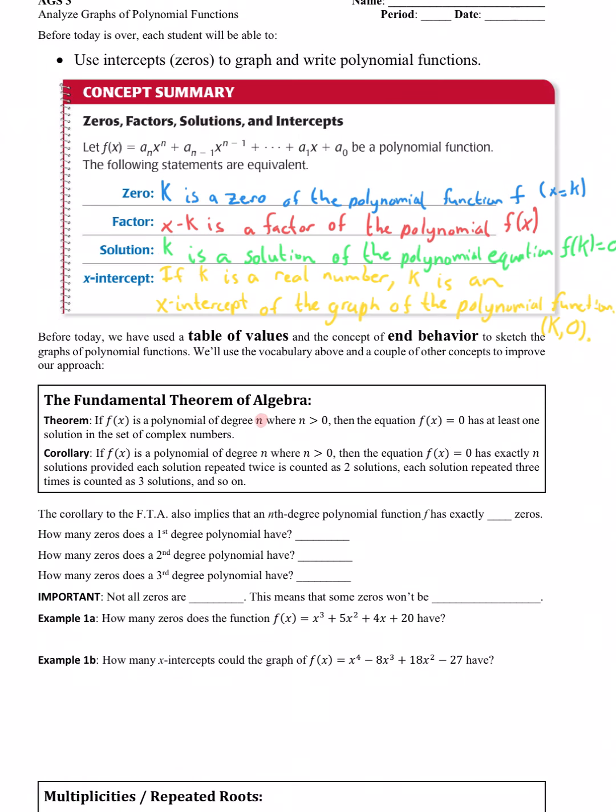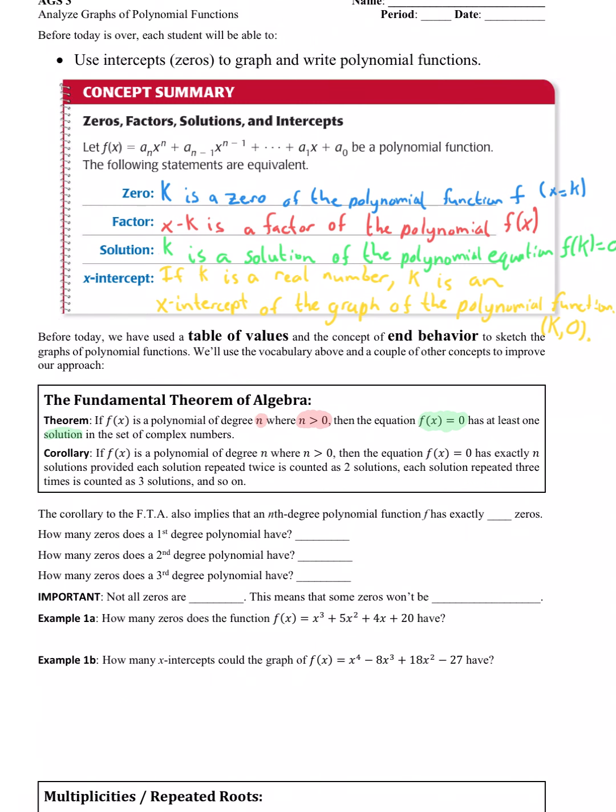And this is the fundamental theorem of algebra. It says if f of x is a polynomial of degree n, and n is a number greater than 0, then the equation f of x equals 0 has at least one solution. Okay.